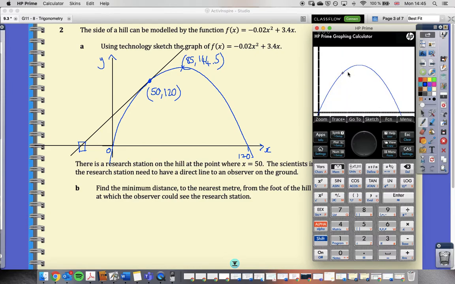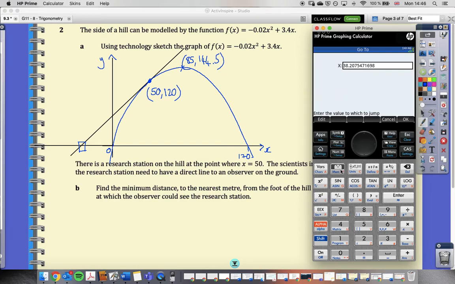It's very easy, especially when you're using your calculator and playing around with these buttons, to nudge the graph and move off where you think you are. And if it doesn't move a lot, it's easy to end up finding values at a very different point to where you want to.